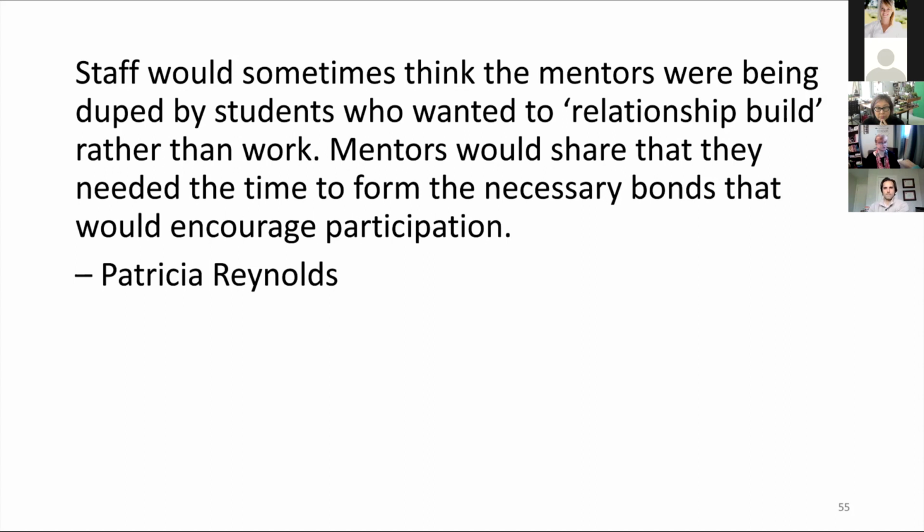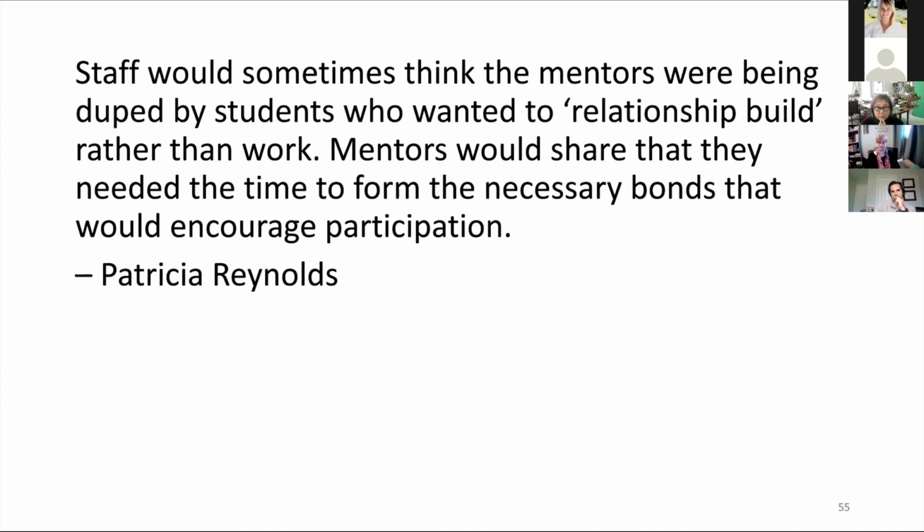But one of the key stakeholders, of course, would be the teaching staff and the school staff. So sometimes there was a little conflict between what the teaching staff thought should be happening versus what they thought was happening. They would see mentors and the students sitting together and talking, but not necessarily working on math or whatever it was the students had come to the room to work on.